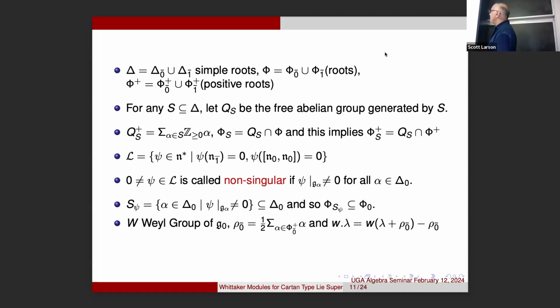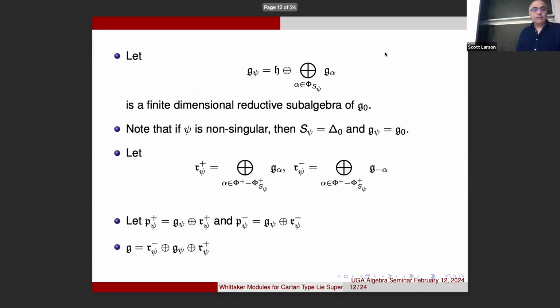This is my set of roots. And then we have the Weyl group, which is the Weyl group of G0, which is GLN. We have the half sum of positive roots, rho, and the dot action in the same way. Then we construct the Levi subalgebra, which is basically H plus the sum over alpha in phi sub S psi of G alpha. It's a finite dimensional reductive subalgebra of G0 because the simple roots are coming from the zero part.